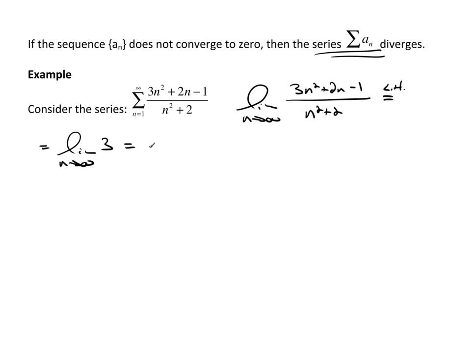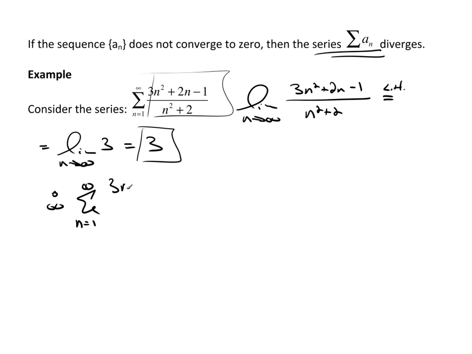So this limit is 3. Since this limit of the a_n's of the sequence did not go to 0, I can say that this series diverges. Therefore, the sum n equals 1 to infinity of 3n squared plus 2n minus 1 over n squared plus 2 diverges.